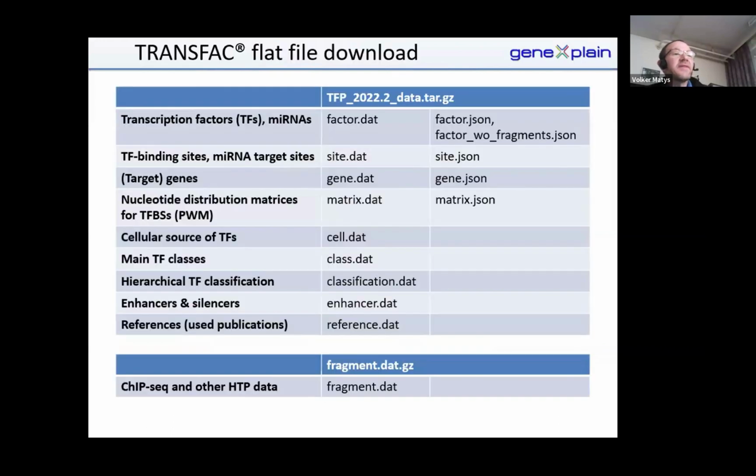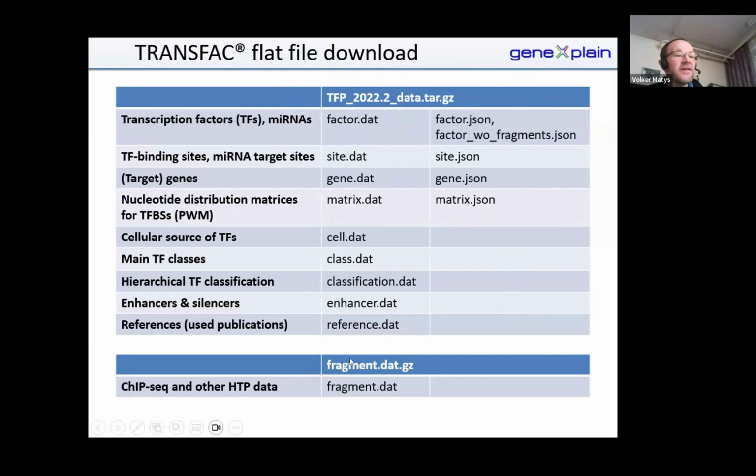Okay, now I have here a couple of slides where the download archives are shown and what kind of data files are included in the archive. So we have here the main TRANSFAC download archive, and the data files factor, site, gene, matrix, and so on. In that format, and the most important ones are also included in JSON format.